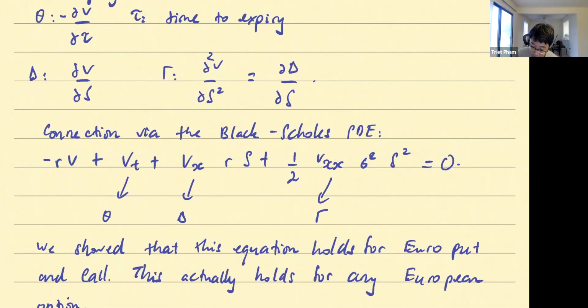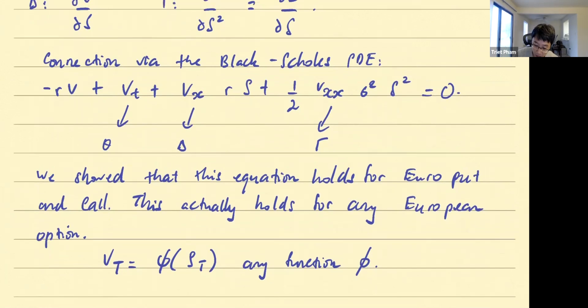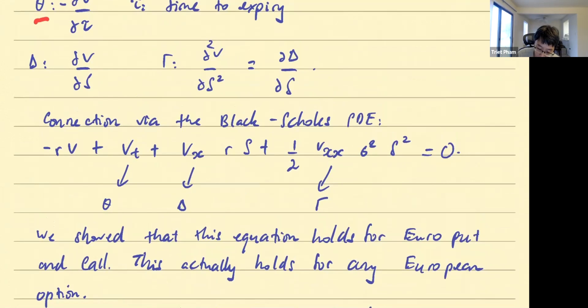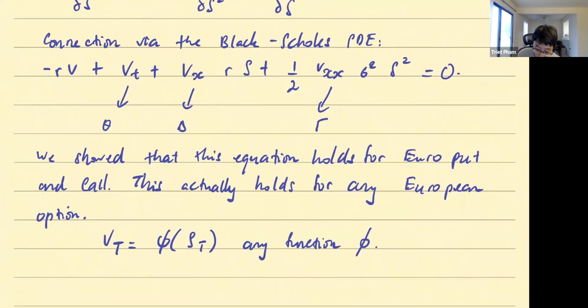That's a remarkable thing, because in general we mentioned that these are quite hard, it's not easy to compute them explicitly. We verified this equation by having explicit formulas for the Greeks. But if we don't have the explicit formula, then how do we even check that this holds in the abstract to begin with? So that's one remarkable thing.